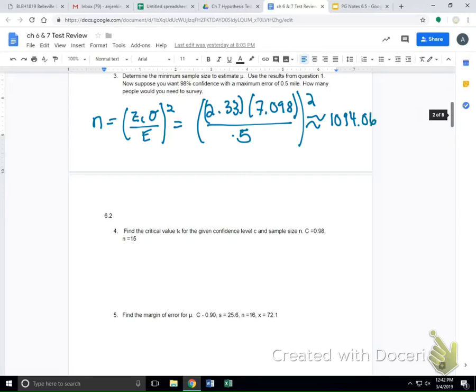Remember, we always round up even if it's fractions of a person, which gives us 1,095 people. I'll try to do better on the next one.